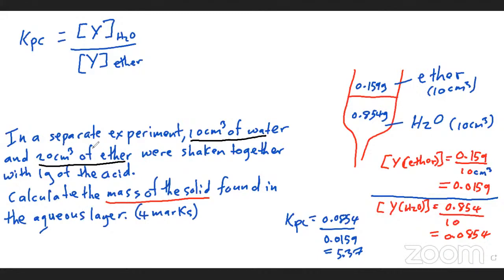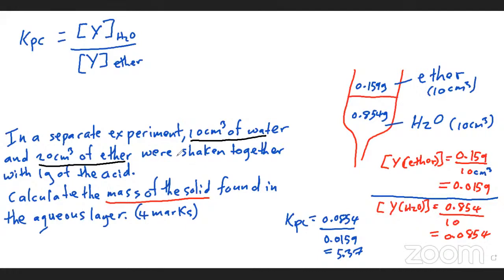And they want us to calculate the mass of acid found in the aqueous layer. All right. So these are the two types of question: either calculating KPC or mass. This is what you're going to do, right?